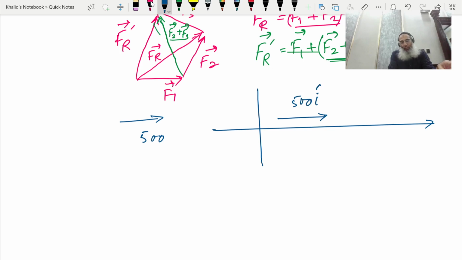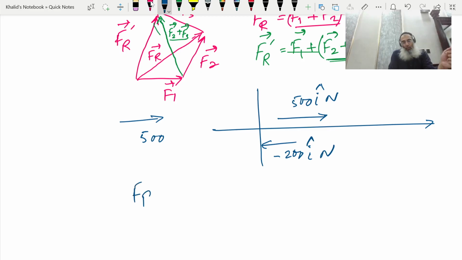I cap is a unit vector, you already know it. And the second vector is to the left, that's minus 200 i cap Newton.